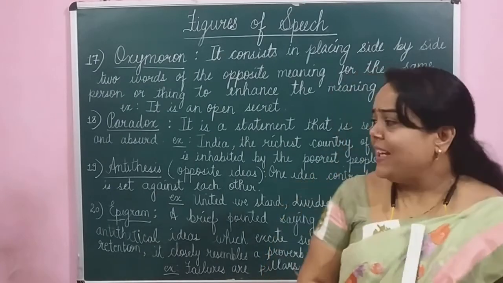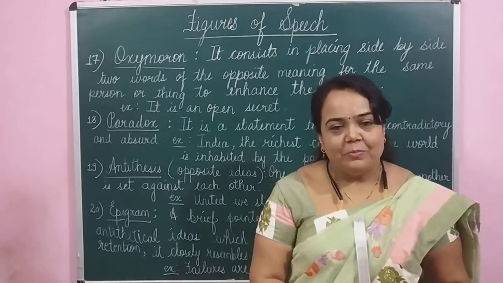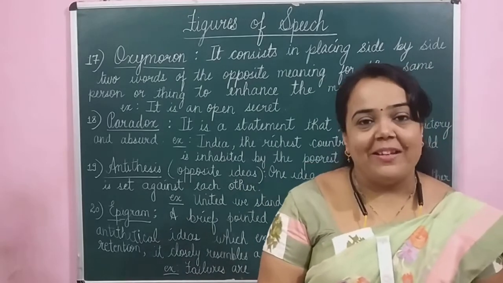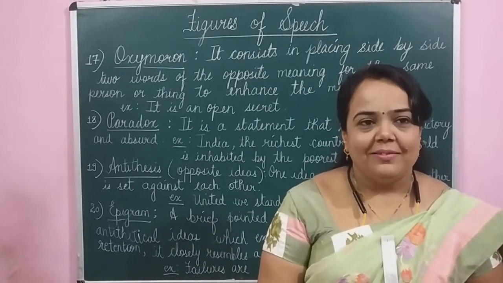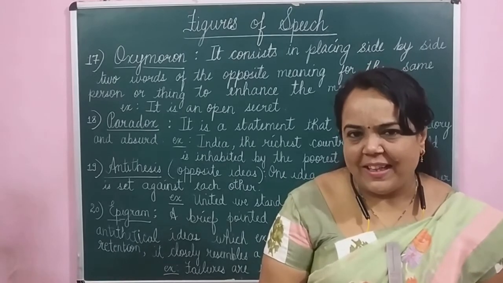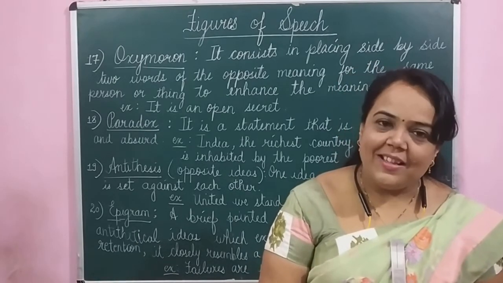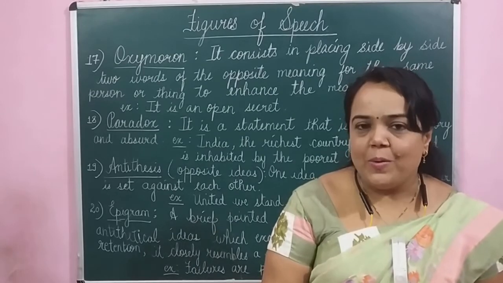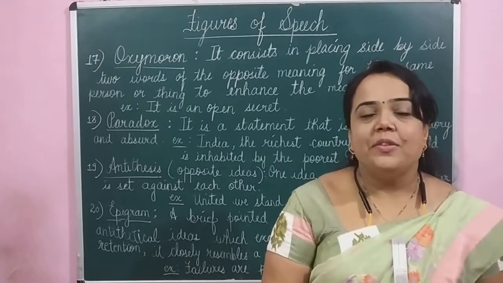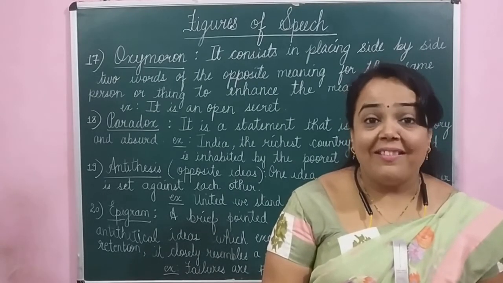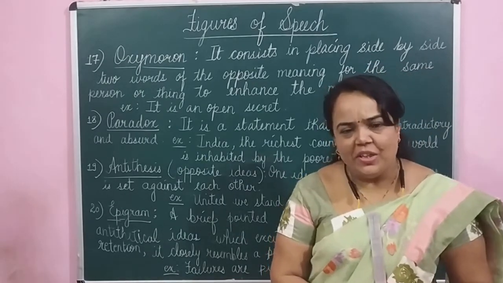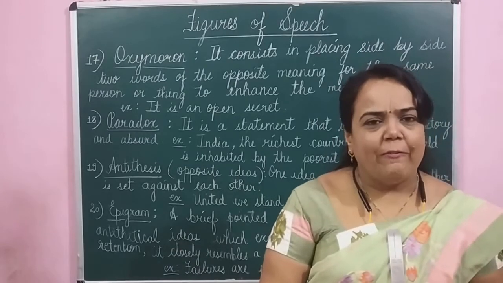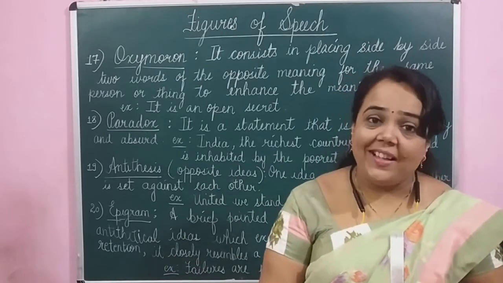Yes? Another example: child is the father of man. Saints, do you find it correct? If you see it closely, if you read it two to three times, you will understand that though it might appear strange when we read it first, it is quite correct.